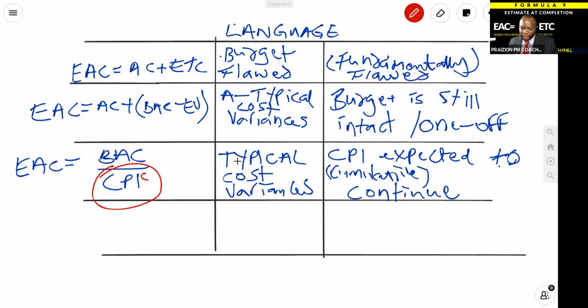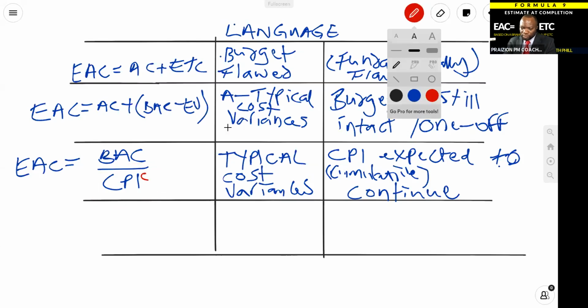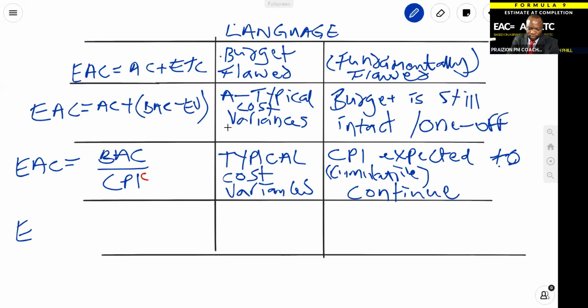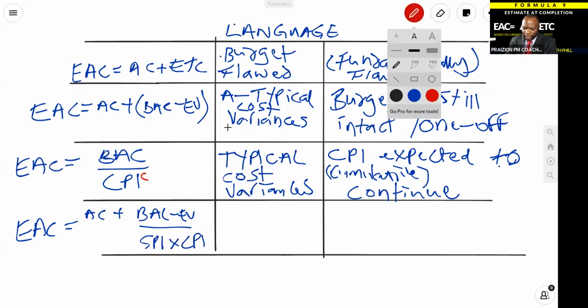All right. And then last but not least, you got EAC equals AC plus BAC minus EV divided by SPI times CPI, but don't forget it's cumulative, okay?